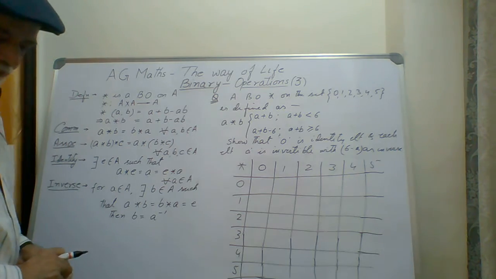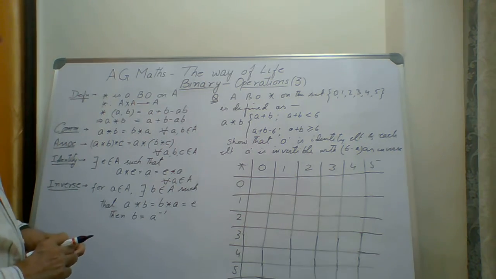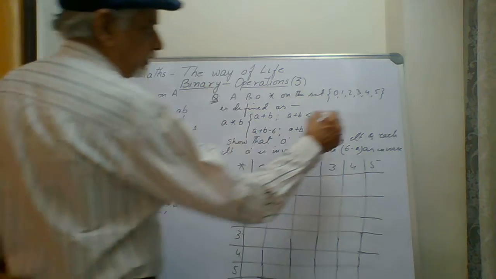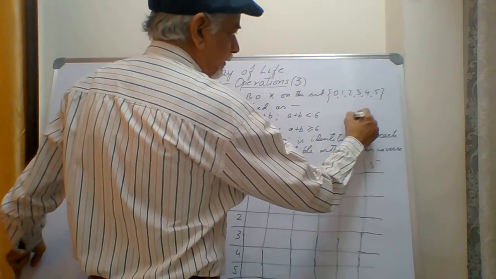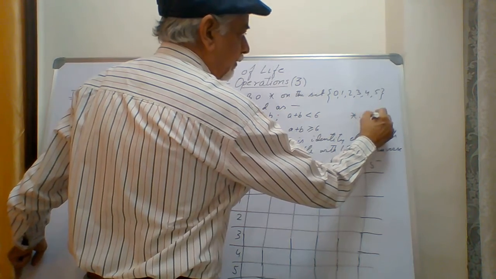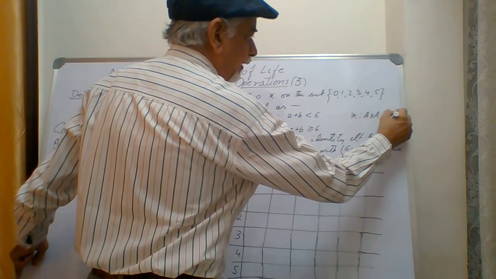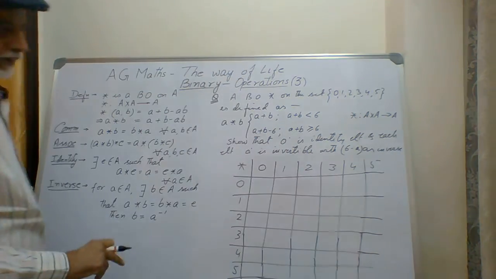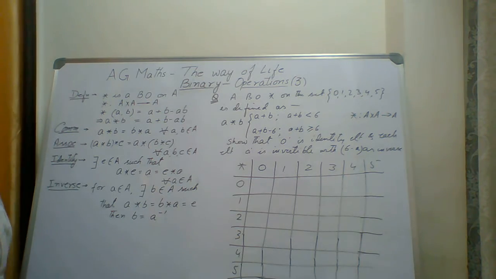Now we will fill in the table. We know what the binary relation is, that A cross A gives me A. As per this, I am trying to draw this.